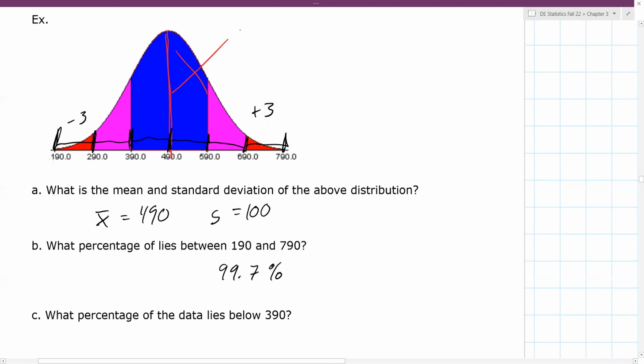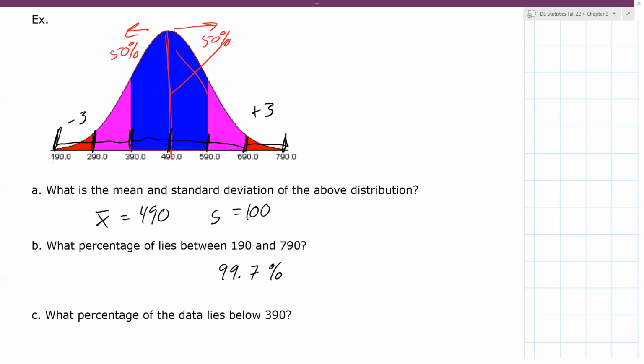How much of the data is above the median? Well, if the median and the mean in a normal distribution are right in the middle, that means there's 50% of the graph this way and 50% this way. So I know I have no more than 50%. Half of my graph is cut off.